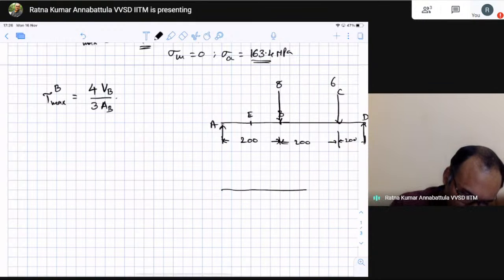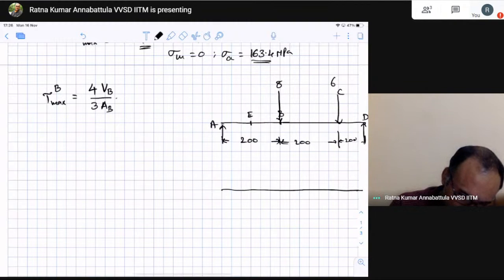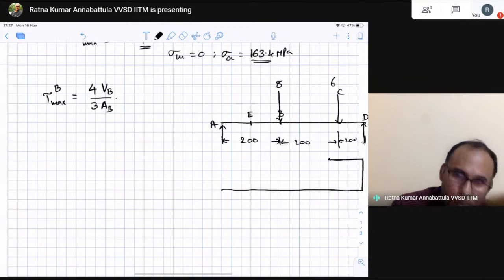So now if you would draw the shear force diagram at D, I am saying that it is 6.67, and then up to C it will be the same, and at C I'm not drawing exactly below the C, but I hope you understand.